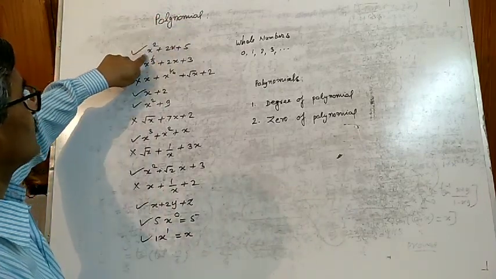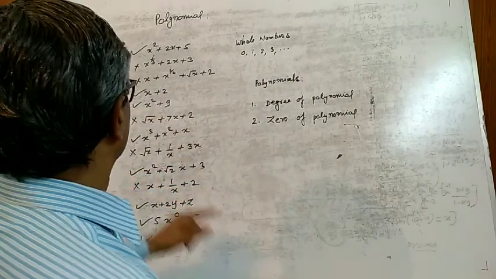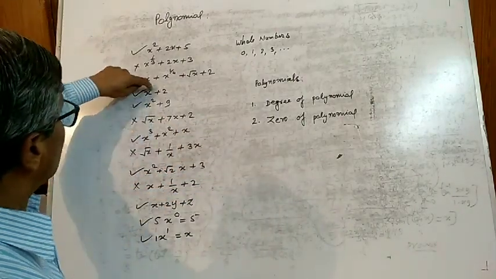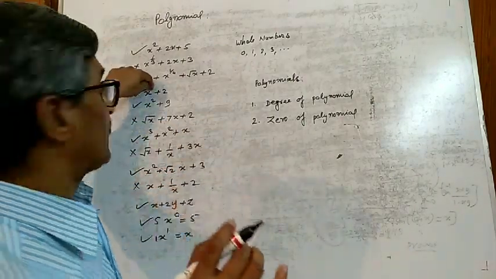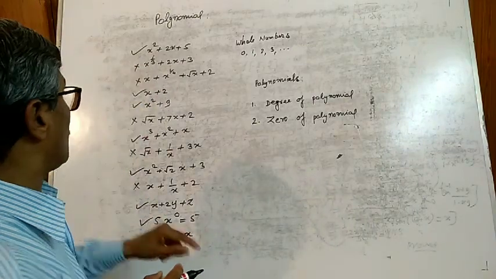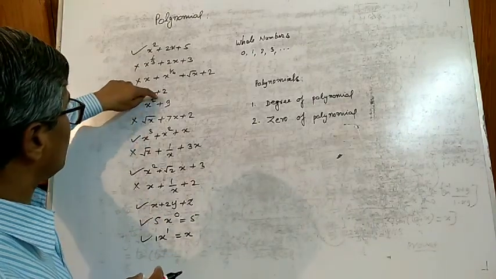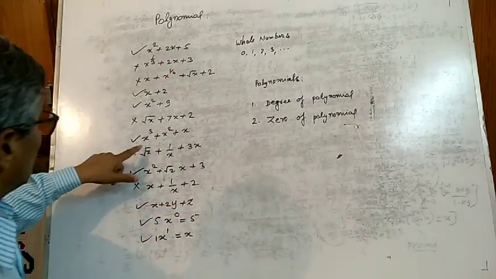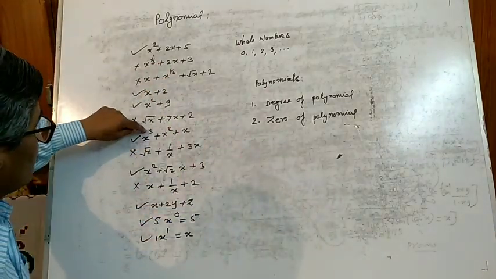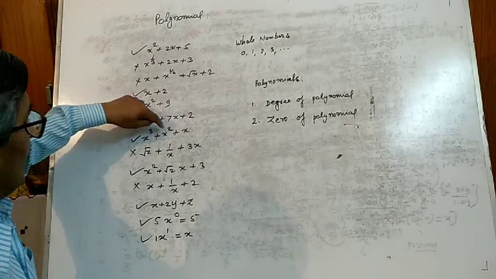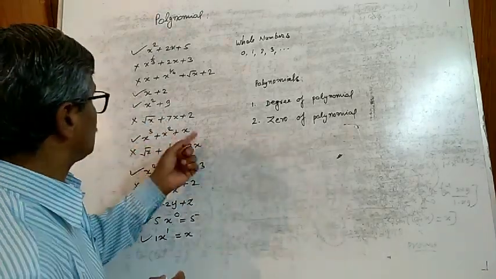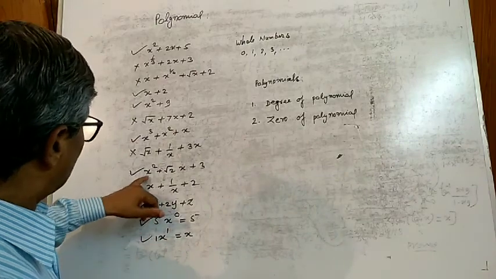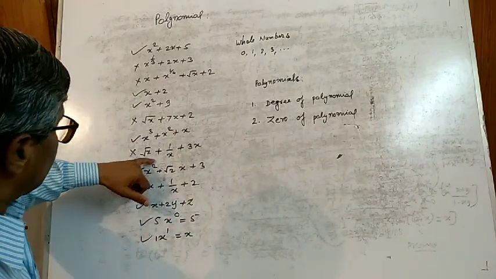So degree of this polynomial is 2. Here highest exponent of this variable is 1. So here degree is 1. Again here exponent is 2, highest. So degree is 2. This polynomial highest exponent is 3. So degree of this is 3. Here we find highest exponent is 2.